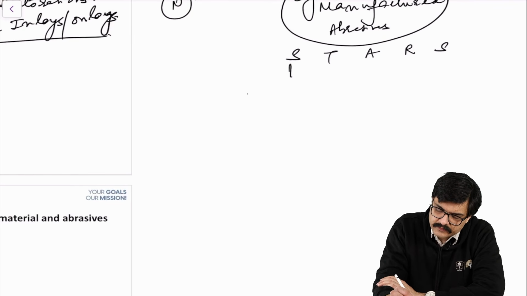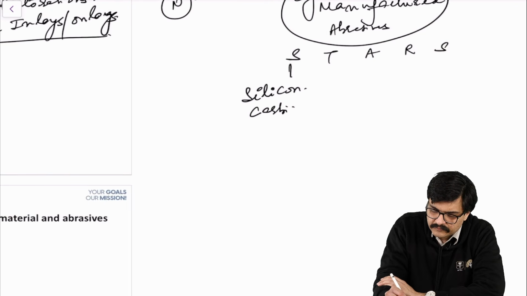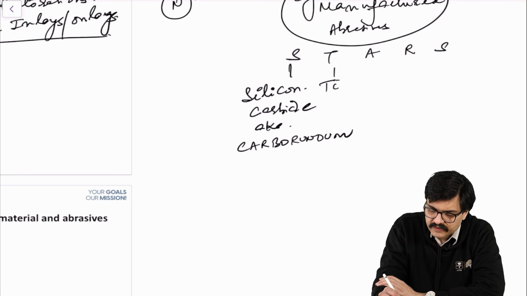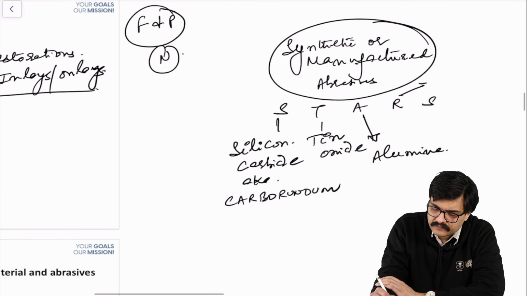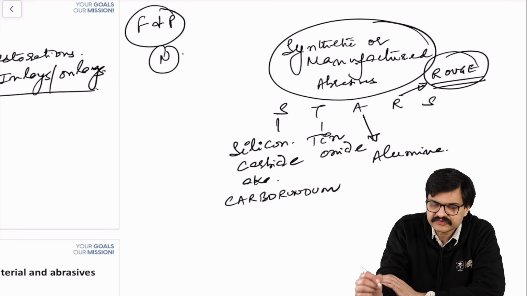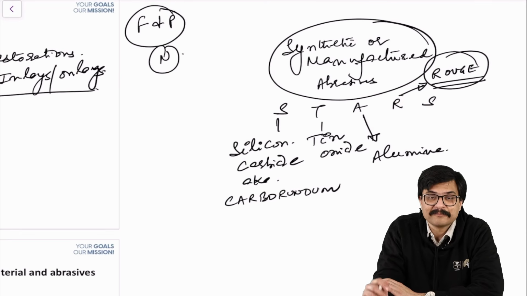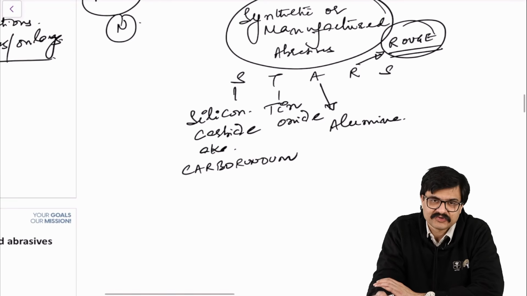S would be silicon carbide, also known as carborundum. T is tin oxide. A is alumina. R is rouge. So the other MCQ that you get is that rouge, or crocus cloth, is a manufactured abrasive. It's not found naturally.